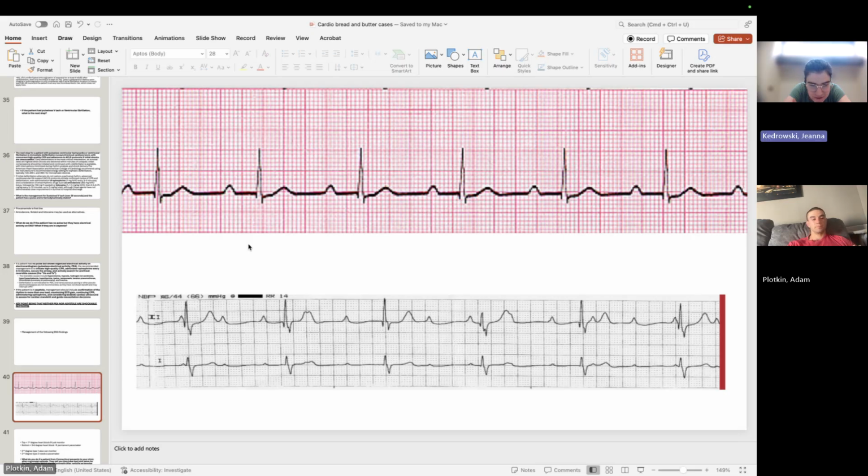Okay, so this one, we have the PR interval prolonging. There's no drop beat though. So this would be type 2 heart block 2A.